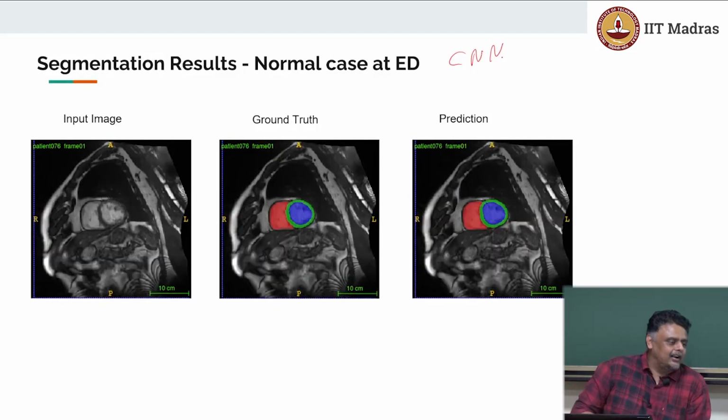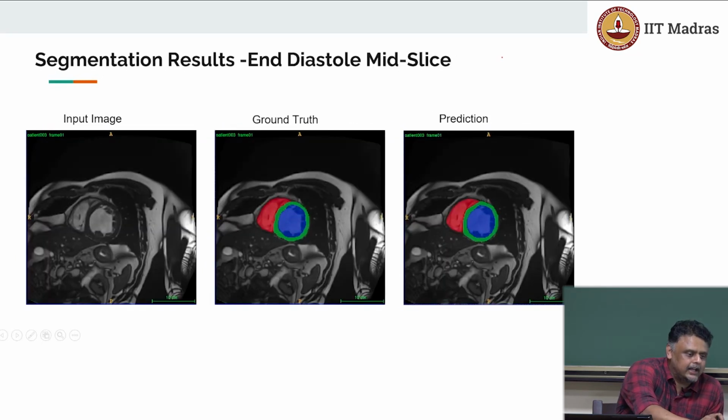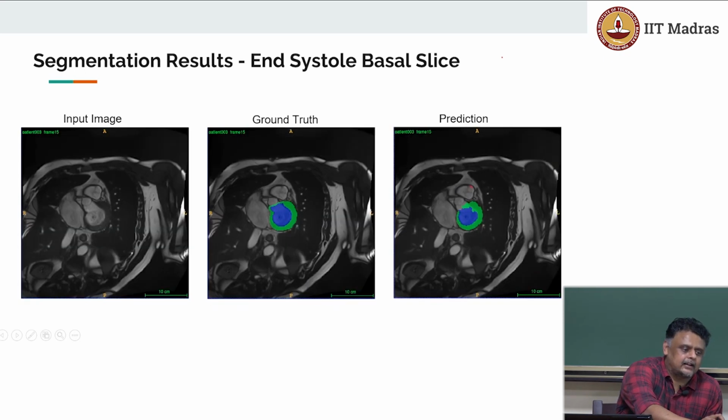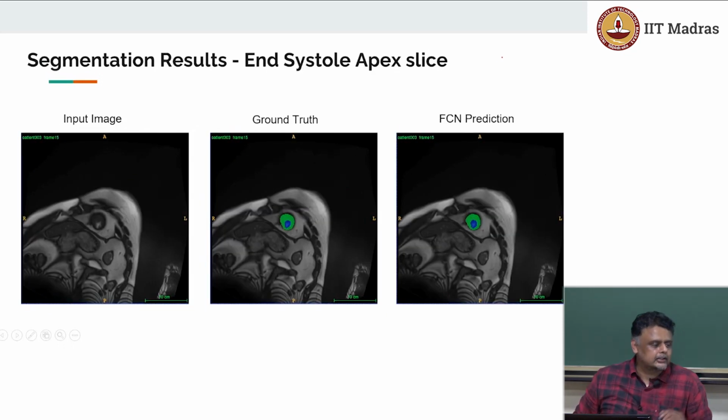I'm not going to go through the results now. Each of them shows the results at different phases of the heart for different disease conditions. Let me go back once again, just to make a point here.